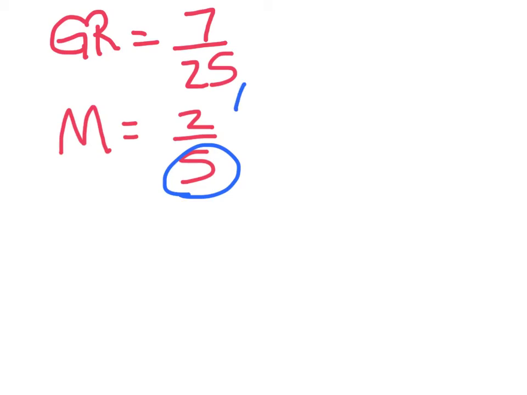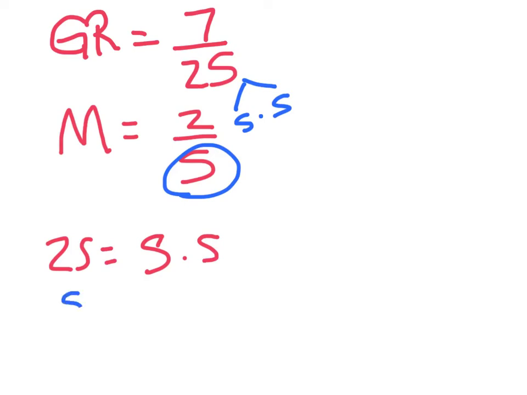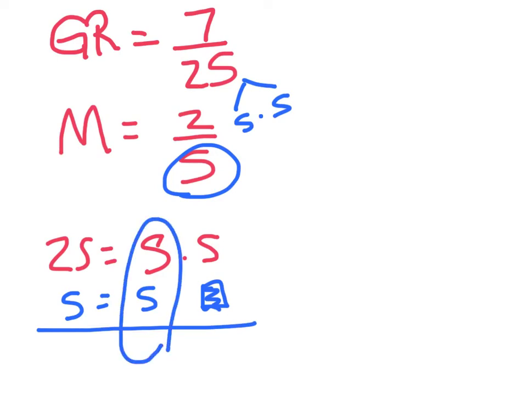And guess what? 25 factors out into 5 times 5. So now we're going to stack. Our 25 stack will look like 5 times 5. Our 5 stack will look like 5 and nothing else. Remember, everybody comes to the party. 5 times 5, our new denominator is 25.